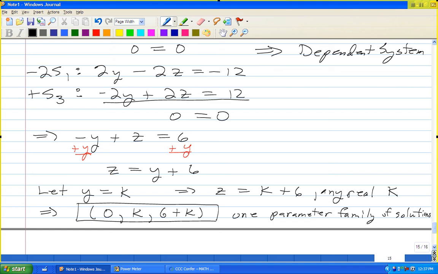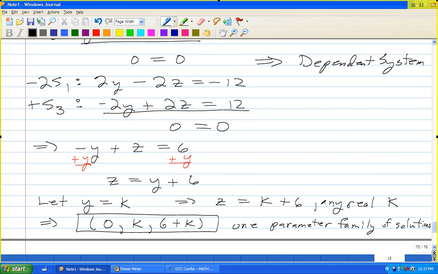It could either be a dependent system or an inconsistent system, because 0 equals 0 usually means there's infinite number of solutions, unless you go further down and another one of the equations, when you simplify it, becomes something that's a false statement, like 0 equals 1. But usually 0 equals 0 does give you a dependent system, except when it doesn't.